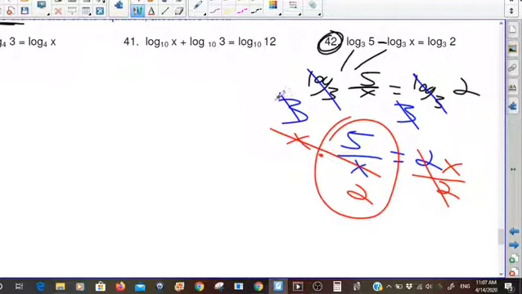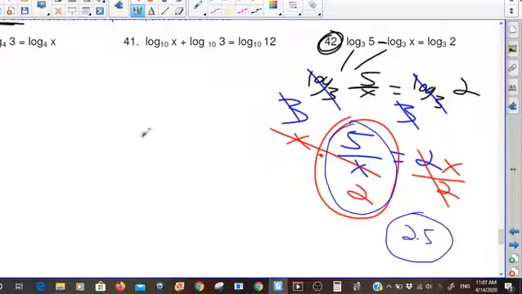And then we learned that you can base 3 both sides, and that gets rid of the log 3's. So then you're just 5 over x equals 2. And then to solve for x, we multiplied by x on this side and divided by 2 on this side. So we get 5 halves, or 2.5, as our answer, number 42.